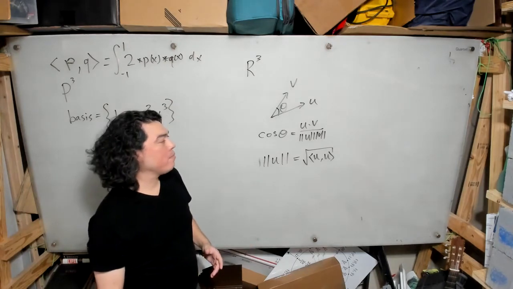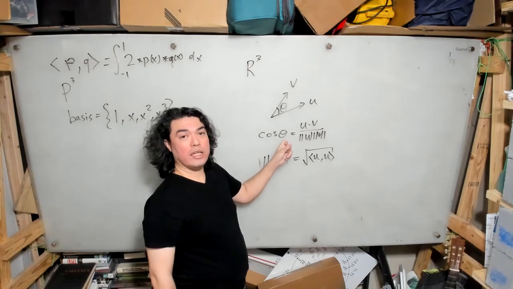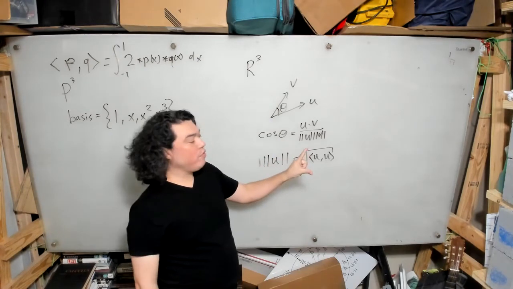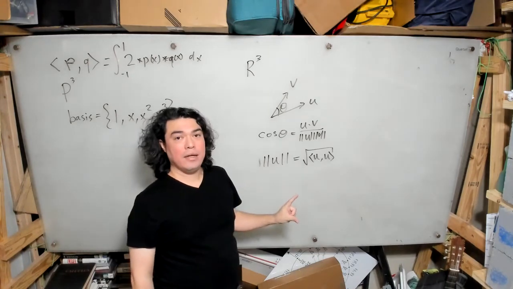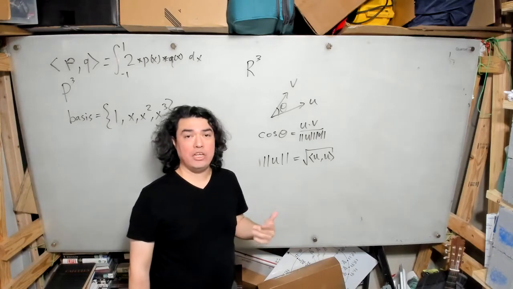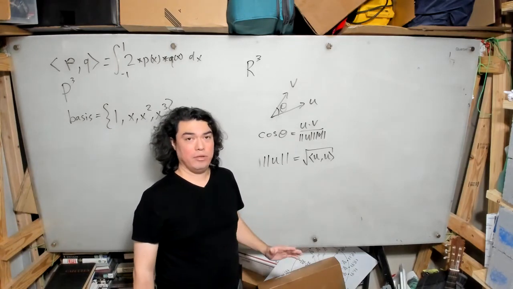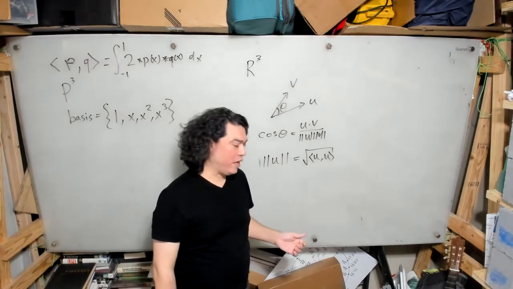But we can generalize. I can use this same formula to calculate the theta between two vectors in n space, like, let's say n is 10. Now, to visualize that isn't possible in any human brain, unfortunately, but we can use our mathematical ideas to generalize.